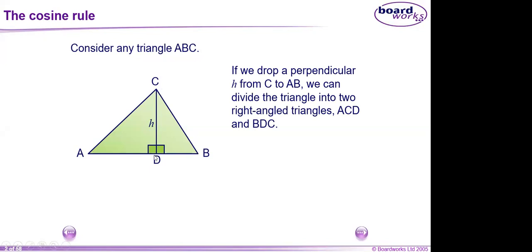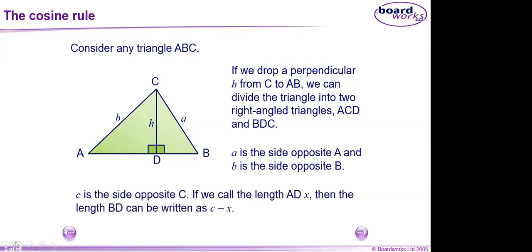So this is my perpendicular, and the perpendicular makes up a 90 degree angle. Secondly, I call that side A, that one B, and the last one is going to be C.